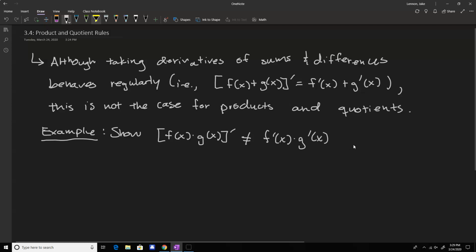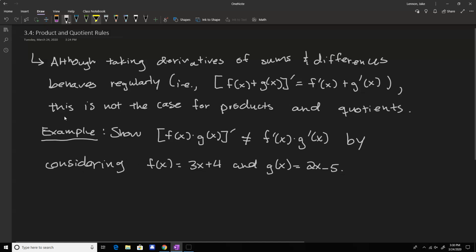So let's do that. I'll give you the counter example that I'm going to use. Let's say f of x is just the linear function 3x plus 4, and g of x is the linear function 2x minus 5.